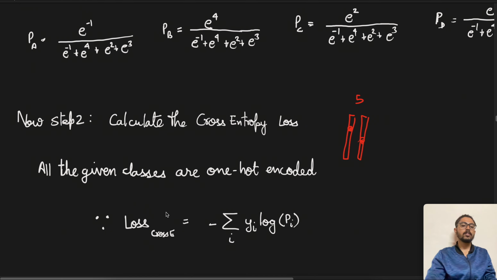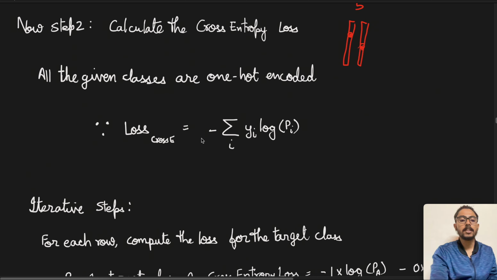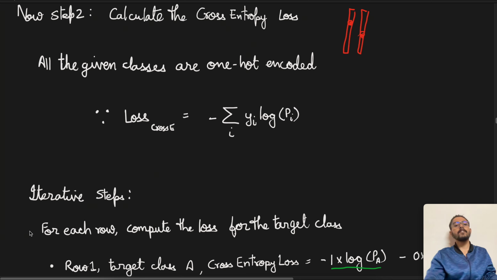The formula for this one is loss of cross entropy equals negative of the summation over i of yi times log of pi. Now pi comes from the probabilities that we have calculated in the previous step and yi is the one hot encoded label. Since this is going to be an iterative step, for each row we will have to compute the loss for the target class.